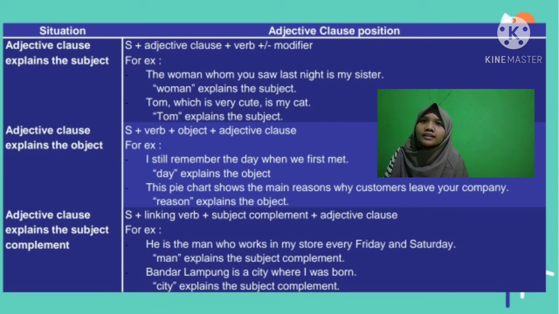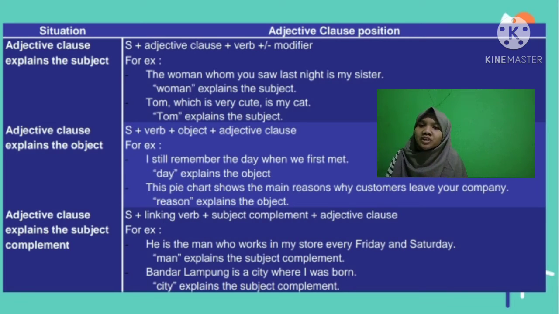And the next example is: Tom, which is very cute, is my cat. Tom is the subject, which is very cute is the adjective clause, and is is the verb, then my cat is the modifier.